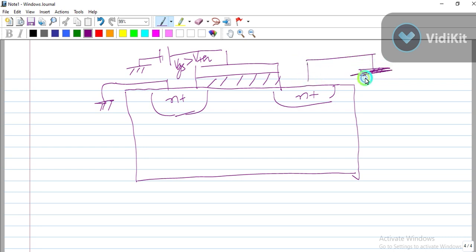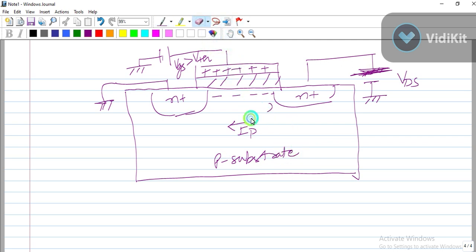Oh sorry, there is one voltage VDS. So because of VGS, some free charge will be created here, and because of this VDS, the electrons will flow in this direction and current will flow in this direction. This is the P substrate. Okay, let's rub this.